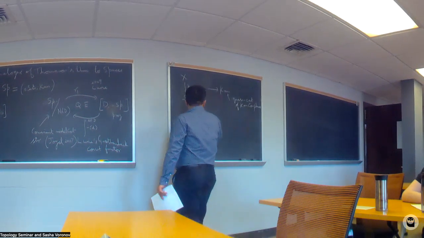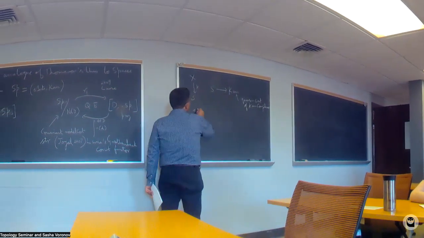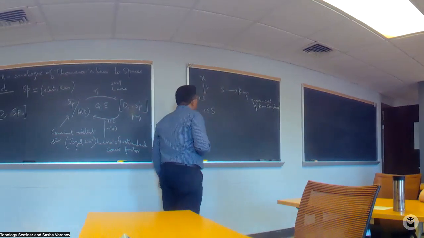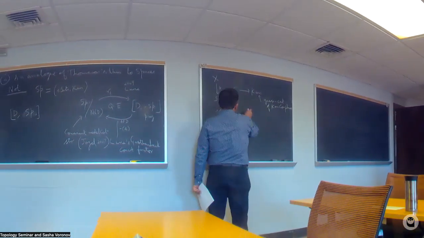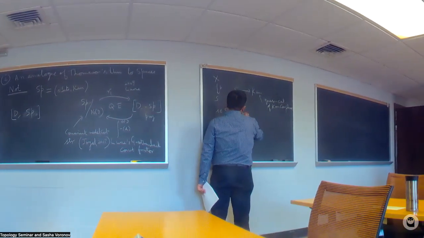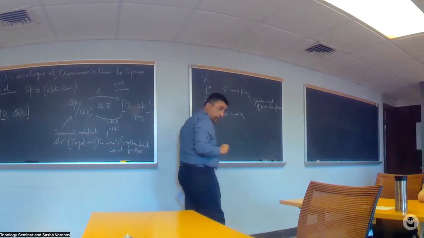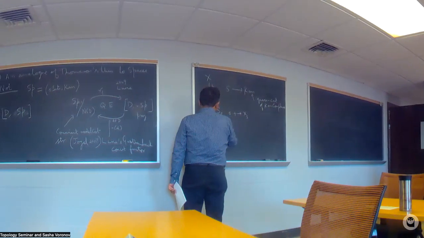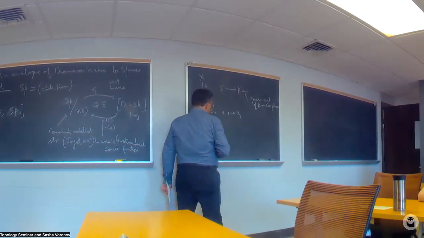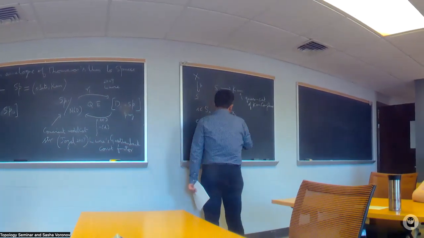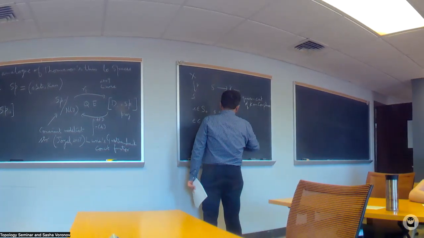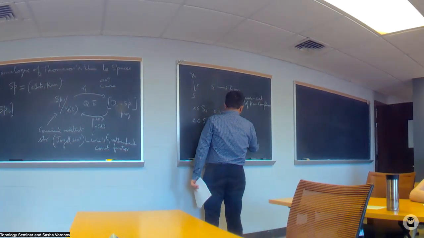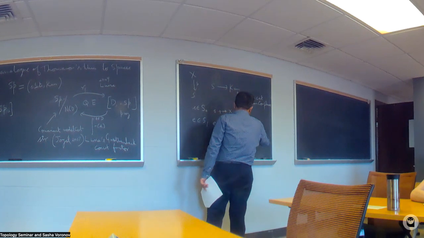So to be more precise, if I have a vertex s in S, then this functor would take s to the fiber. If you have an edge in S, then it would go to a map from the source.